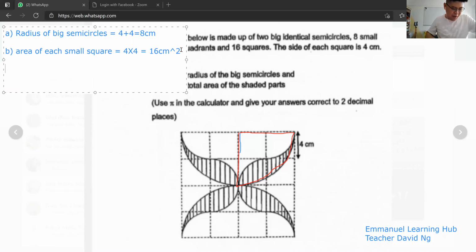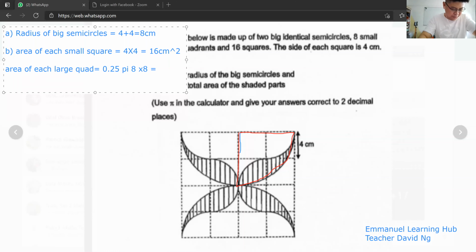So I'm going to find the area of each large quadrant. Quadrant, I just spell QUAD, will be equal to 1/4 pi 8 square. 8 square is 8 times 8, which is 64. 64 divided by 4 is 16.